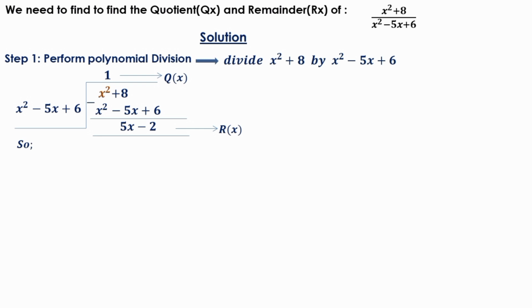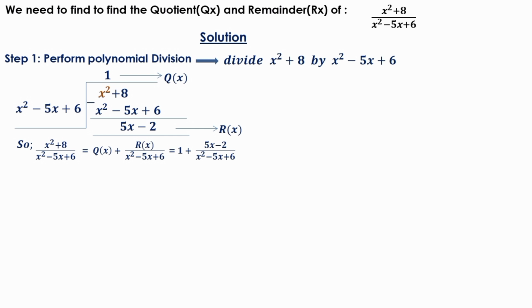So now the next step is to express this complete fraction in terms of the quotient and this remainder, so we know what we are doing. That's going to be x squared plus 8 all over x squared minus 5x plus 6 is equal to the quotient plus the remainder all over the divisor.